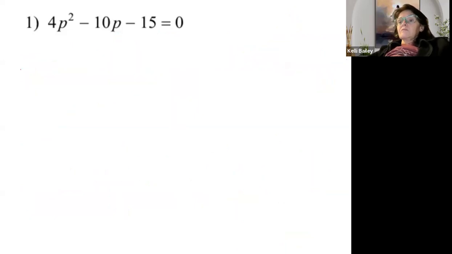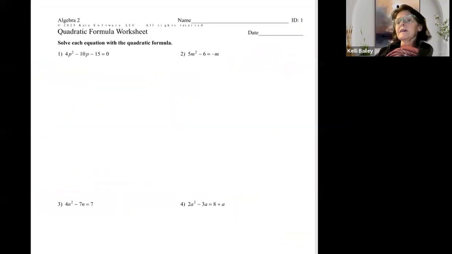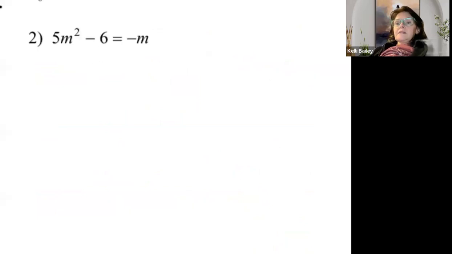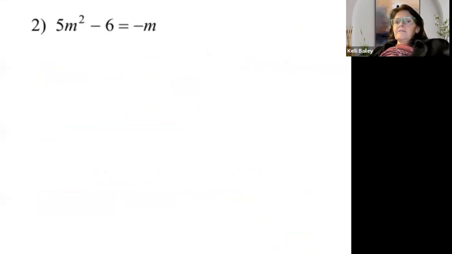Okay, that was a pretty hefty little problem. Let's see what we got next. Okay, next we've got 5m squared minus 6 equals negative m. Well, this one's not in that ax squared plus bx plus c equals 0 form, because that's not a 0. So I have to get rid of that.